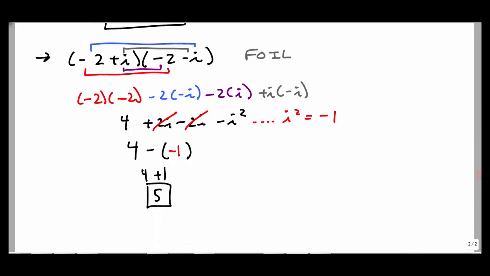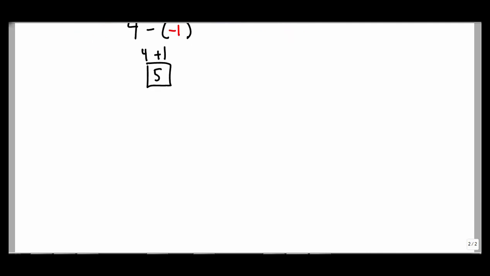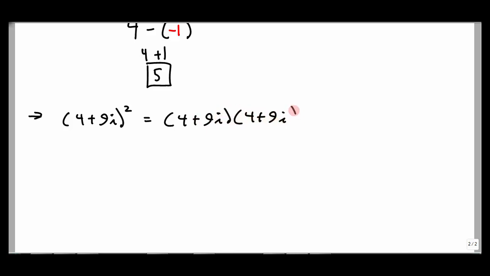Let's go ahead and look at one other example where we're multiplying complex numbers. And I would remind you, when you see an expression like a quantity squared, a binomial squared, don't think of this as 4 squared plus 9i squared. We actually need to multiply this out. So I have 4 plus 9i times 4 plus 9i.